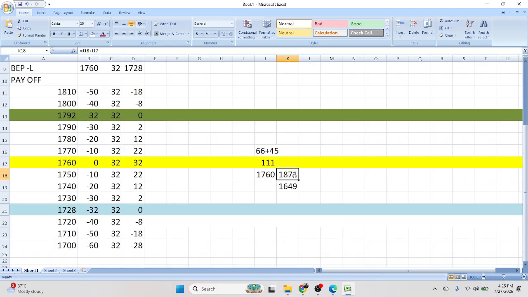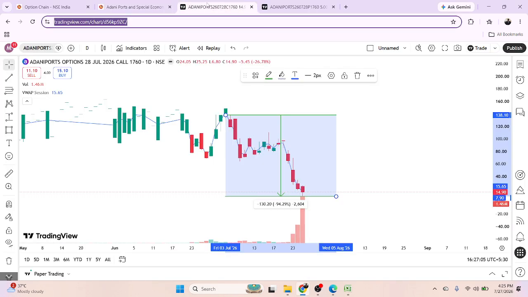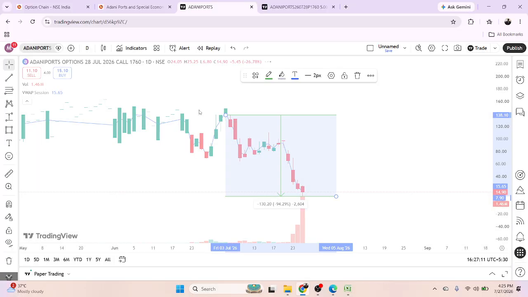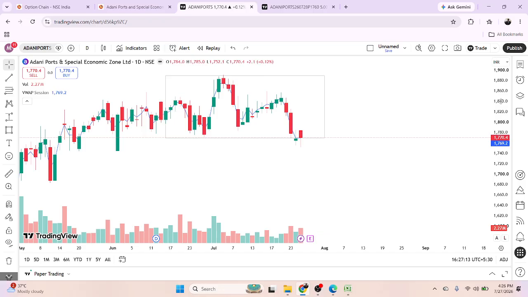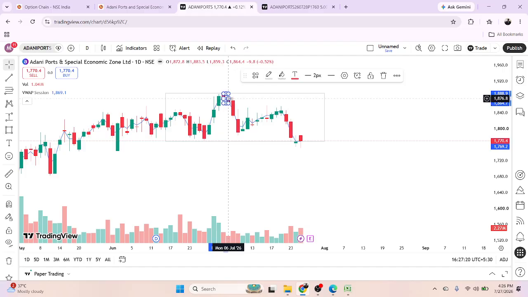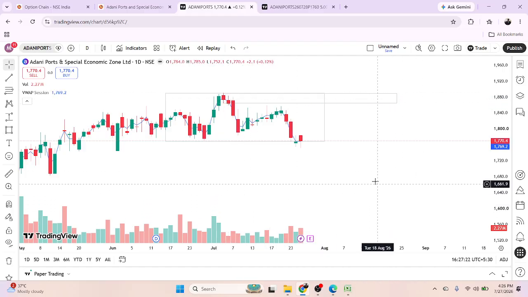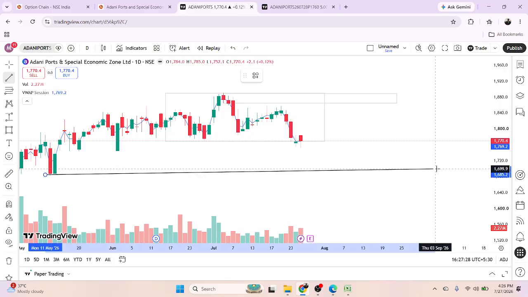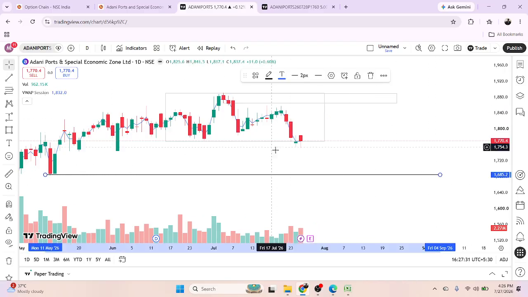So if you see on the chart, 1870 and 1649, both levels, coming back to the normal chart. 1879 you can see, this is one of my order blocks in this region, and 1780 is around this. So it has to cover a long area.